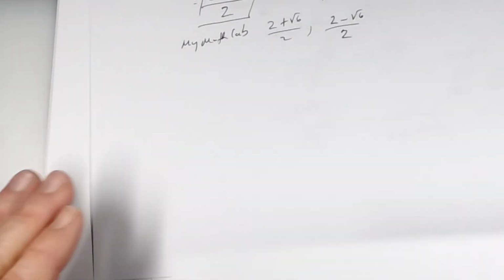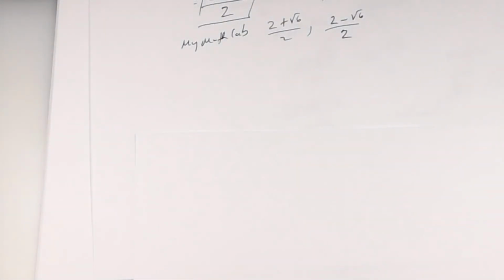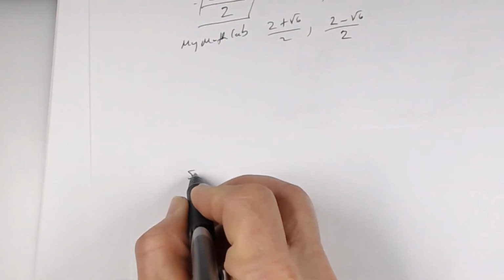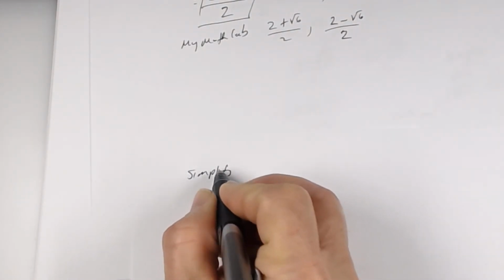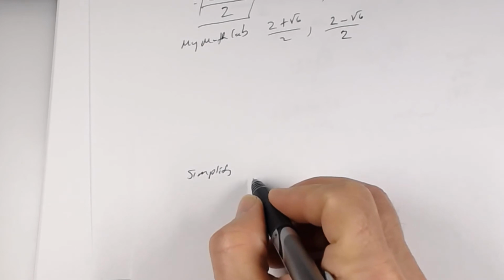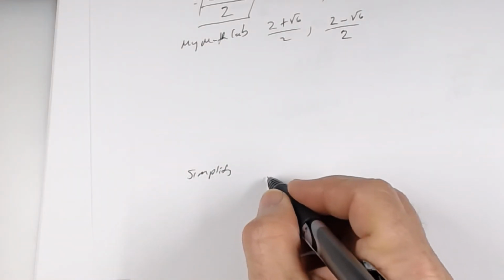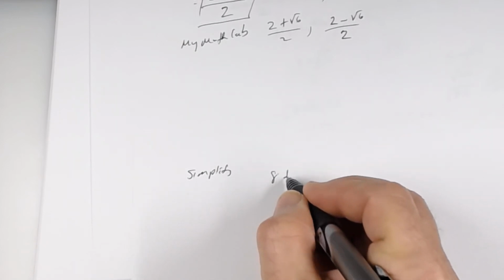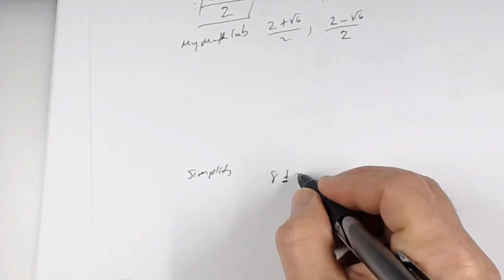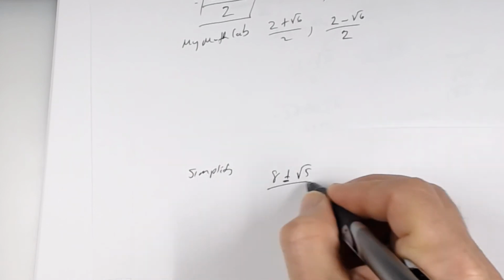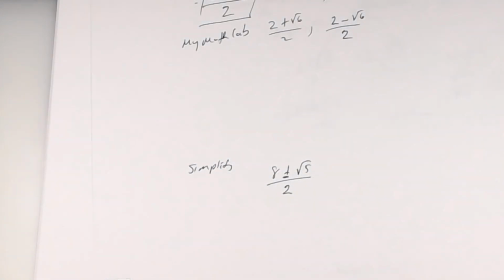But I want to ask you this. If I ask you to simplify, let's say you did your work and you had something like this. 8 plus or minus the square root of 5 divided by 2.